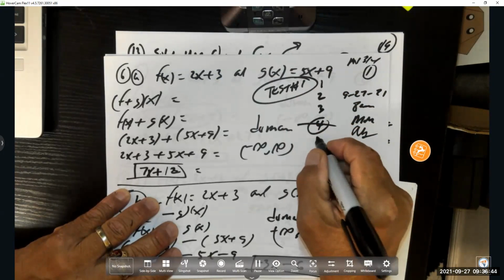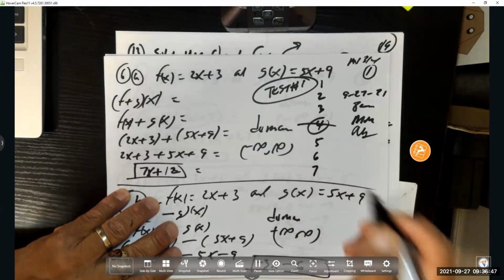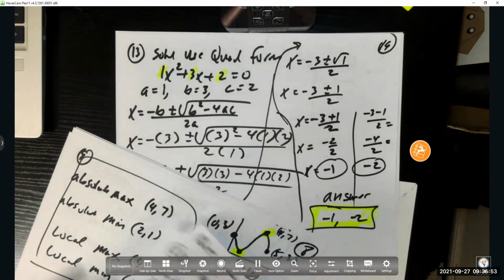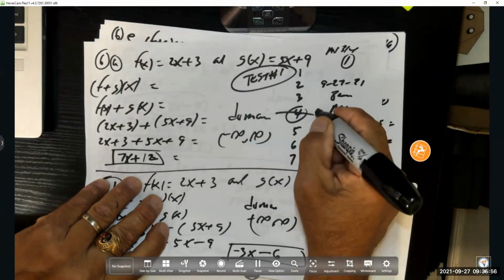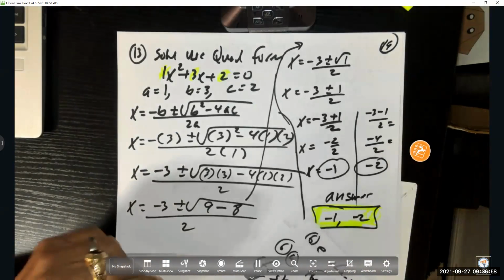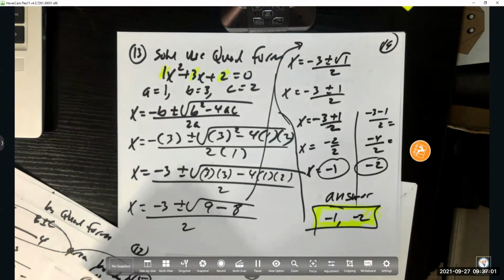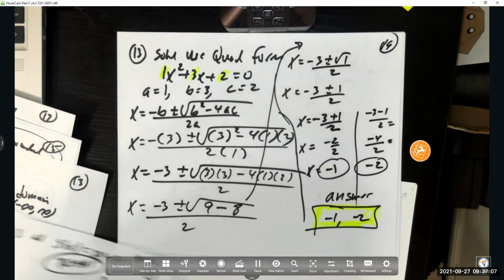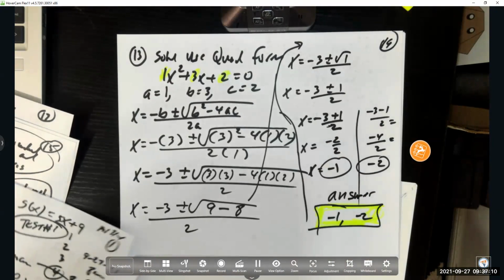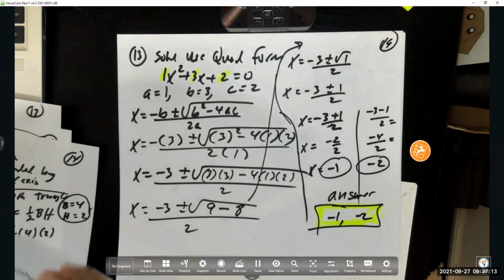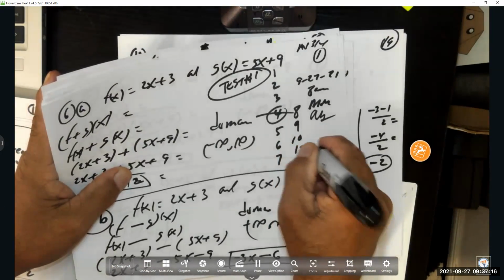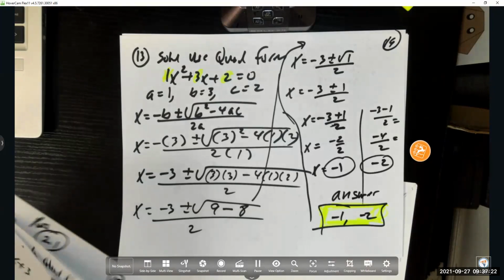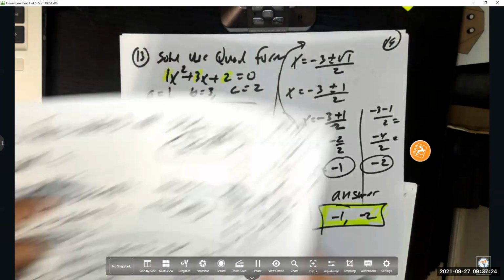Not that one. 5, 6, 7. What else did I do today? 8, 9, 10, and number 12. And I just started 13, so I don't know if you can do that one. I'll just write it down anyway.